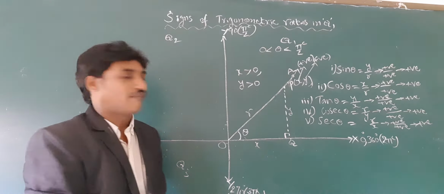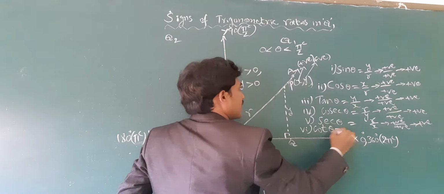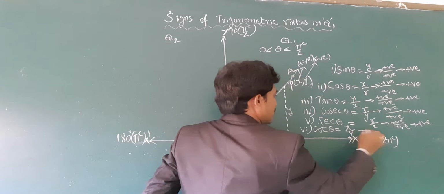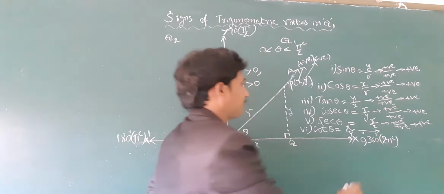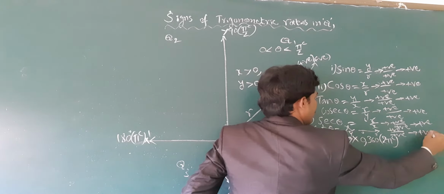Finally, the sixth one, cot theta. Cot theta is X by Y. X by Y is nothing but positive quantity by positive quantity, that is nothing but positive.